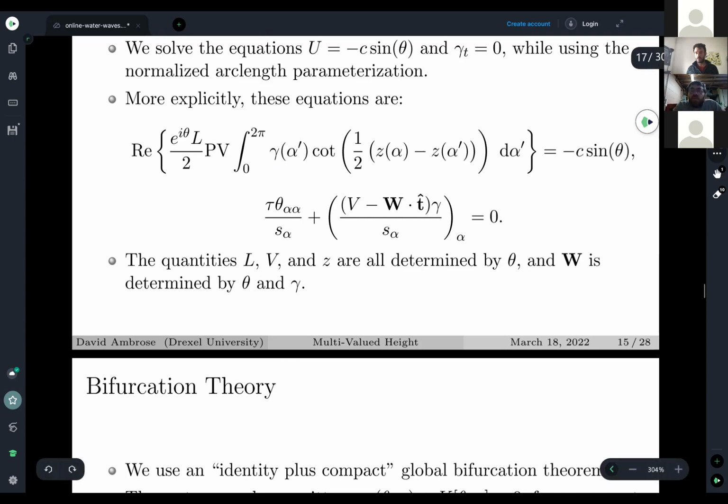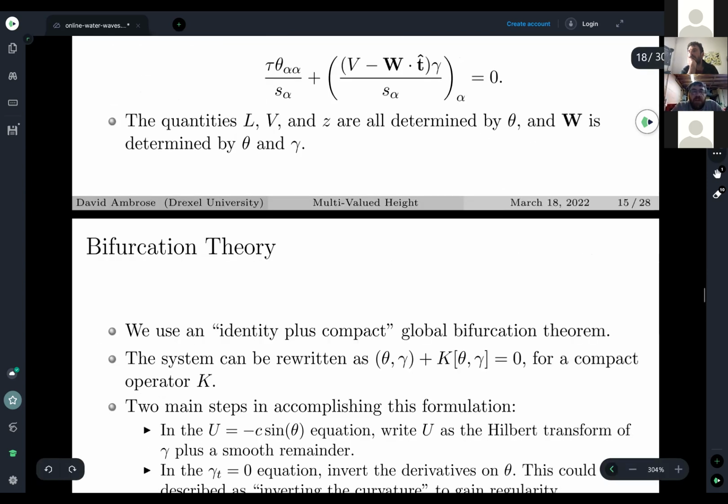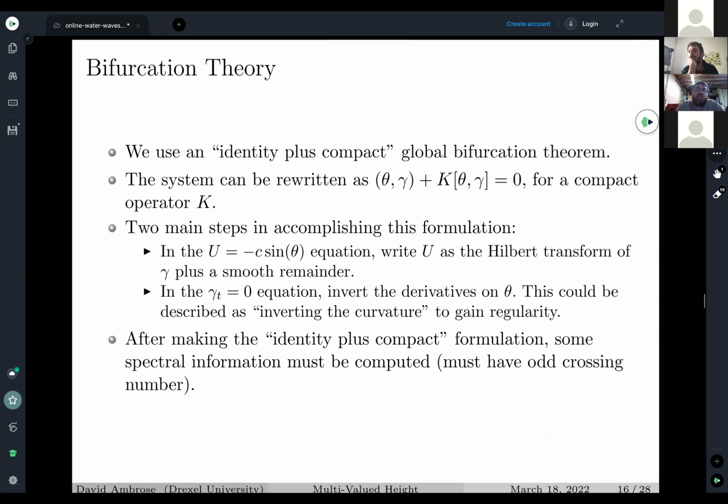There's one more issue: here we have theta. You need to substitute the second equation for theta into that theta to get the compactness. But we're able to do this. We're able to write the system as theta gamma plus a compact operator applied to theta gamma equals 0.